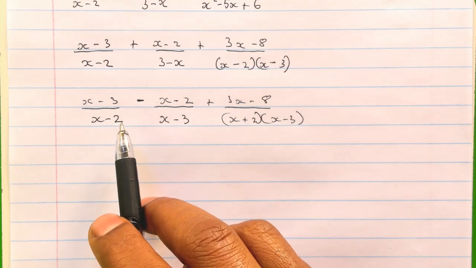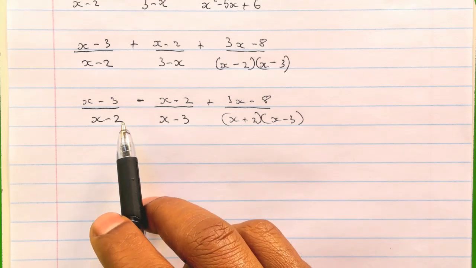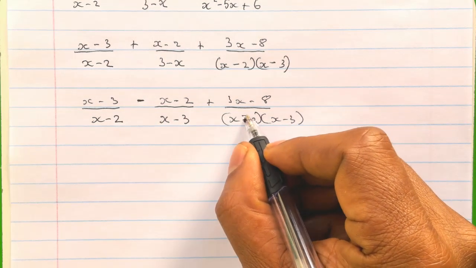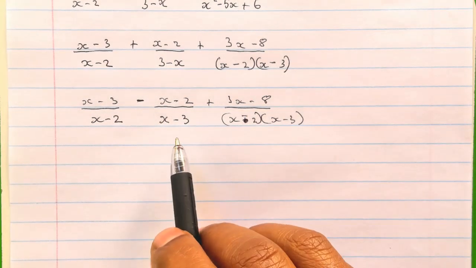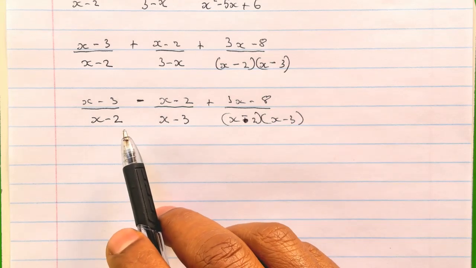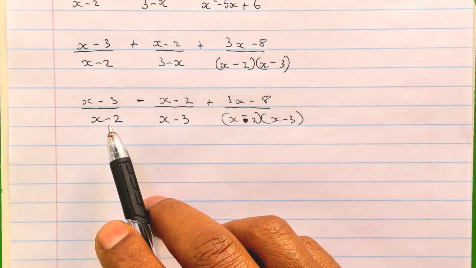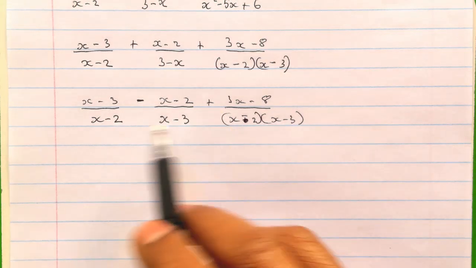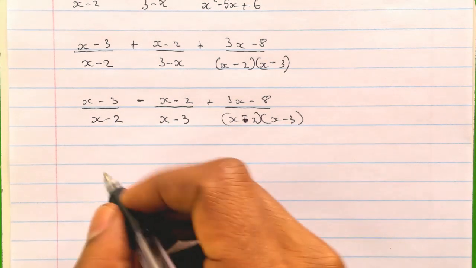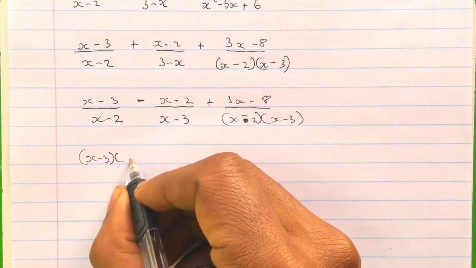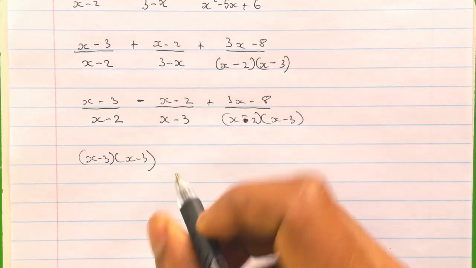If you know your work, you are going to, what did I do there now? I don't know what I did there. It's supposed to be a negative. If I multiply by this LCD, this side, this will cancel that. So I'm only going to be left with x minus 3, x minus 3.